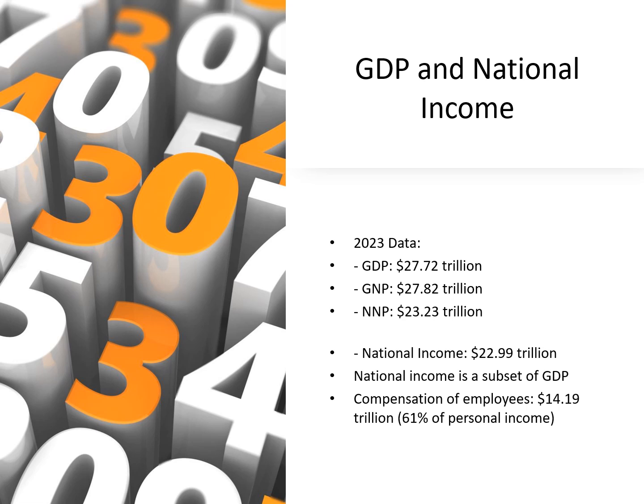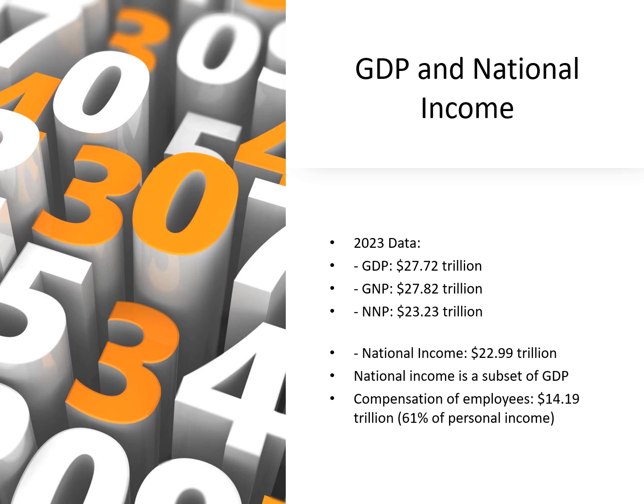And likewise, the Toyota production in the U.S. counts toward our GDP, but it counts toward what? Japan's GNP. So those dollars leave the country, the earnings leave the country, going back to the home country. In this case, we're talking about Japan. And then we move on to net national product. And the difference between GNP and net national product is depreciation.